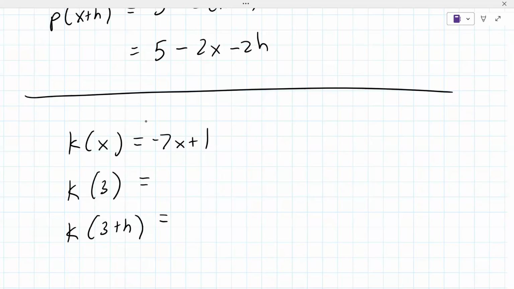For k of 3, I have -20, and for k of 3 plus h, I have -7h minus 20.